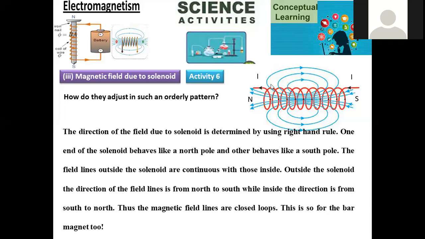So outside the sphere, the magnetic field lines are moving from north to south. Inside the sphere, the lines are moving from south to north pole. So in this manner, the solenoid is working like a tiny bar magnet, where a distinction of north and south poles is possible.